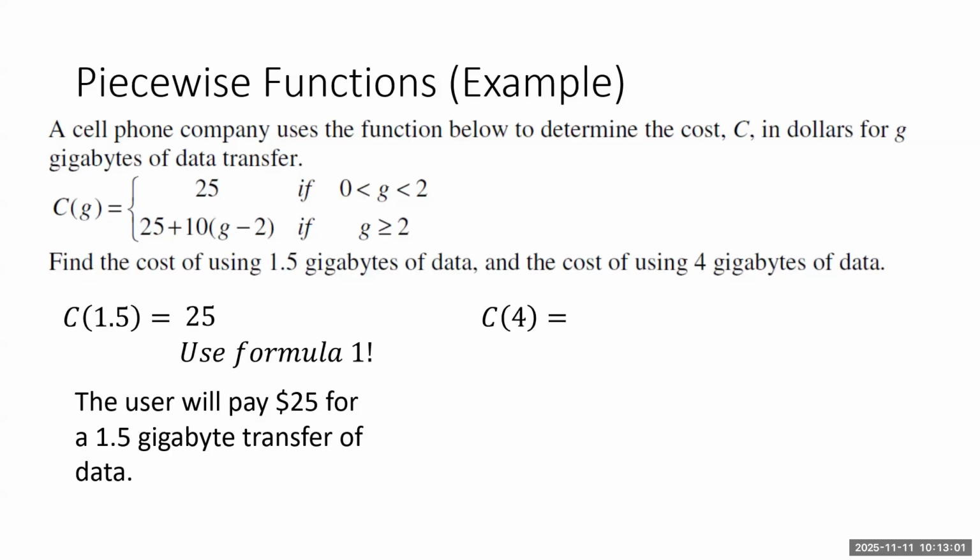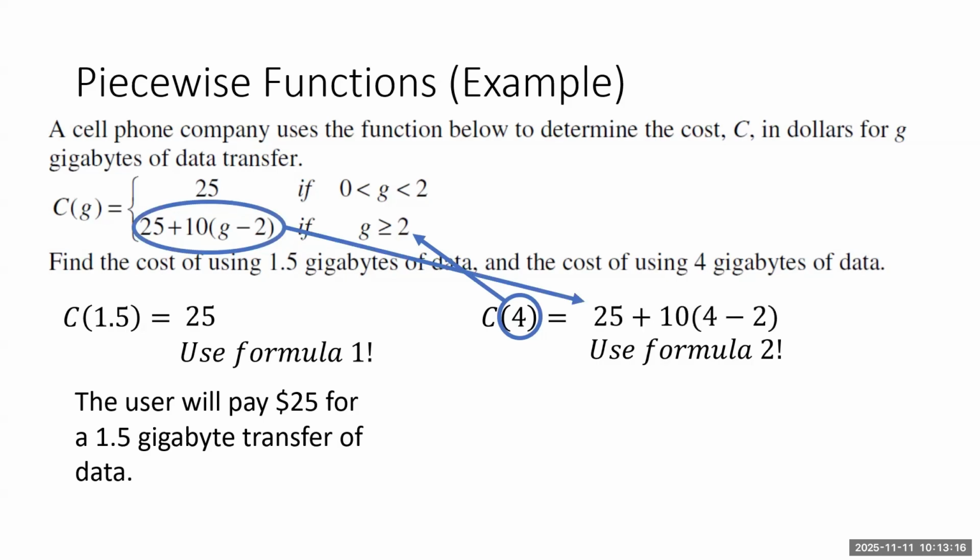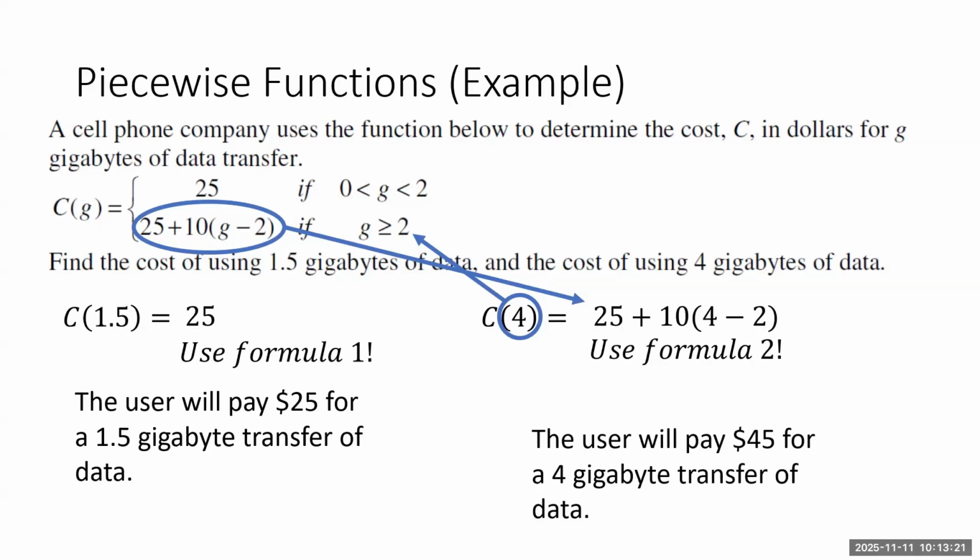Now for c(4), we consider first where 4 lives. 4 lives in the domain g ≥ 2, so we're going to use formula 2. Instead of distributing the 10, I'm simply going to plug the 4 in, so I get 25 + 10(4 − 2). So 4 − 2 is 2, so I get 25 + 10 times 2. The user will pay $45 for a 4 gigabyte transfer of data.